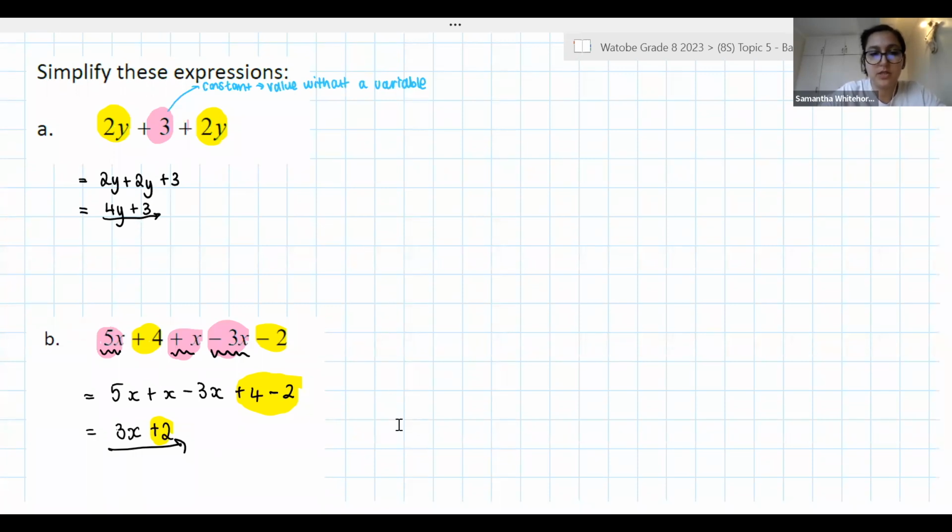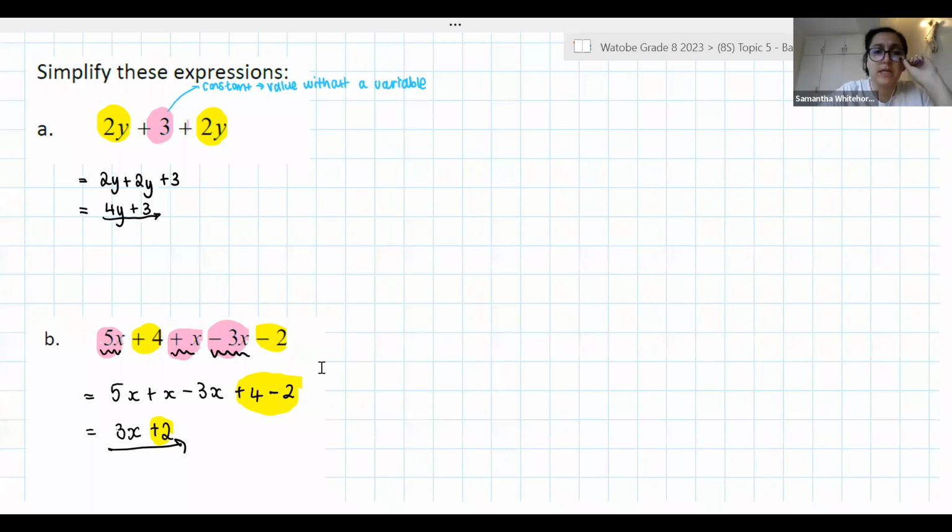Simta, do you have a question? Yes, ma'am, I do have a question. How do we know that the next to x is a minus? Because 5x plus 4 plus x isn't supposed to be a minus. I don't understand, and it's so big. Sorry, hang on.